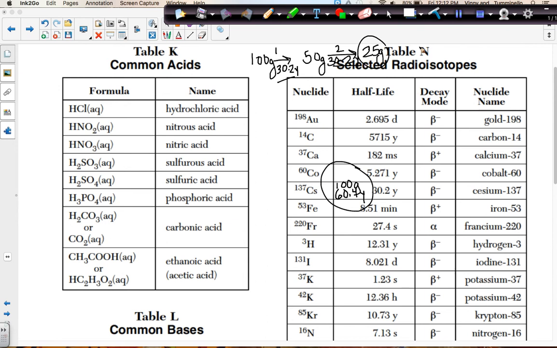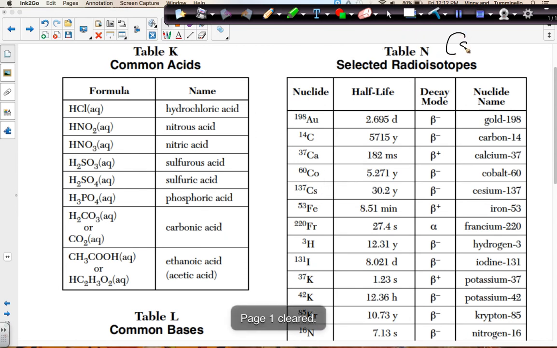If we also wanted to look at the decay of cesium-137, it will undergo natural transmutation and give off a beta particle. Any of the things found on Table N will undergo natural transmutation, meaning that each will be the only reactant in the transmutation because it will decay spontaneously.